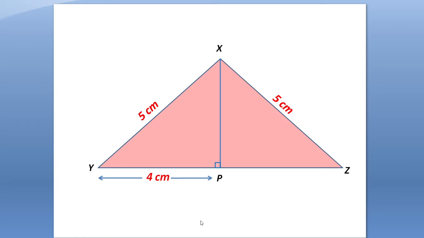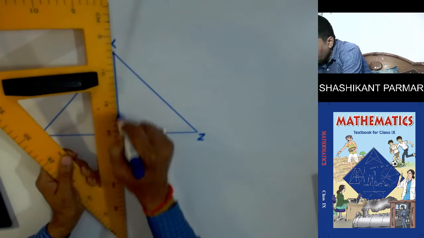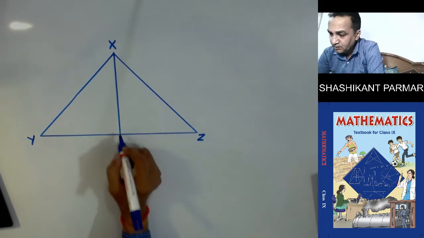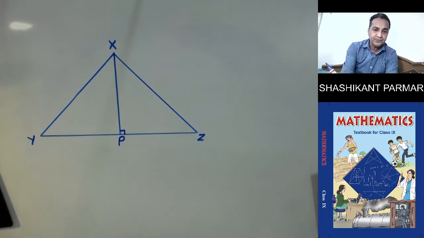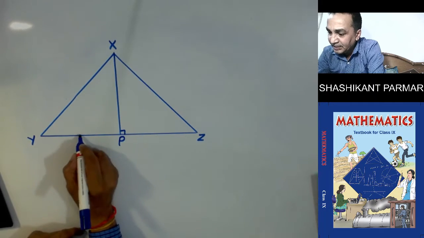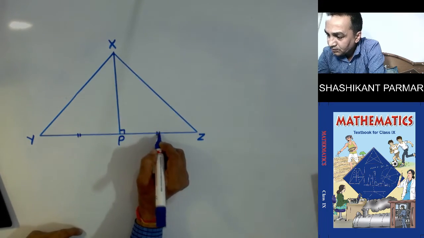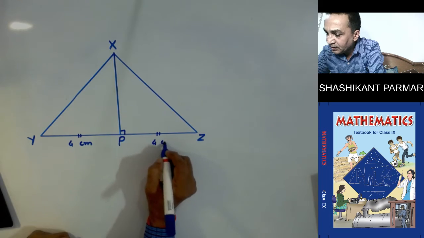X, Y, take P. So YZ is 8 centimeter. So 4 centimeter is YP and 4 centimeter is ZP.